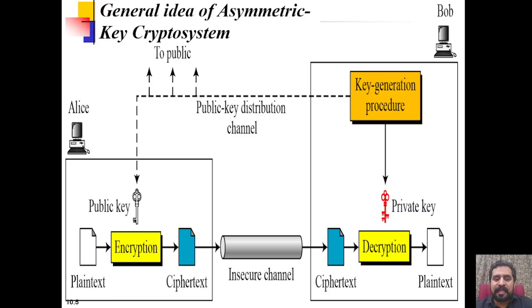Secondly, in the figure, in the yellow color, you see the encryption, in which to send an encrypted message to another party, the sender uses the recipient's public key to encrypt the message.